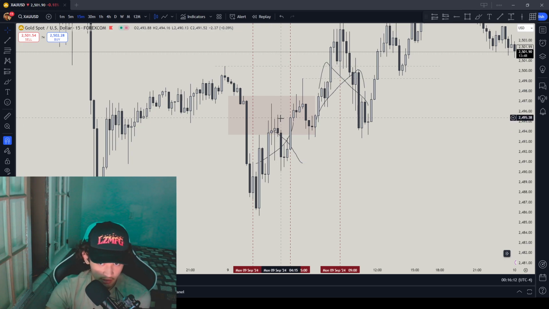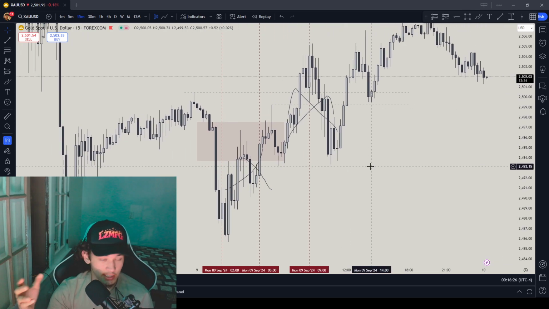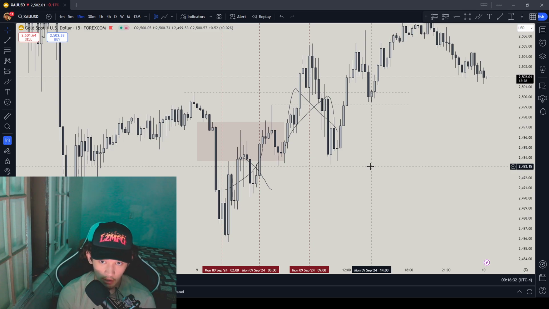But just imagine you see, okay, I have an execution here, but there's a 15-minute opposing fair value gap that goes against me. Let's see how the market does this. And you're just going to see the market go against you and take you out. Because of the opposing fair value rule, this is the best way you could do it, where you could minimize your loss.